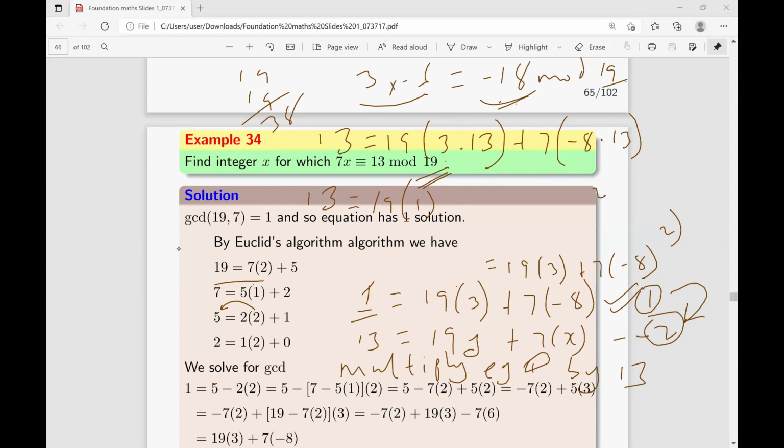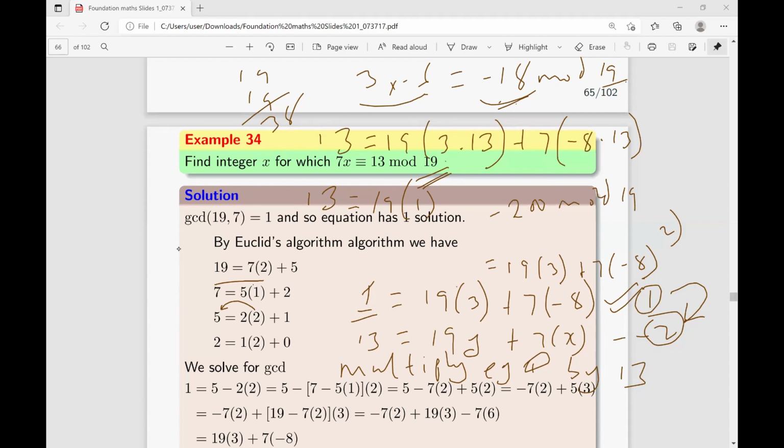Is that okay? Now, if it's very huge, for instance, supposing I got, this is a very small number, it's -18. Supposing it was -200 mod 19. I'll add 19 to it, add 19 to it, add 19, add 19 until I get a smaller positive number.